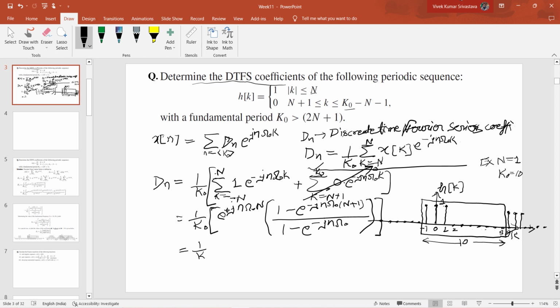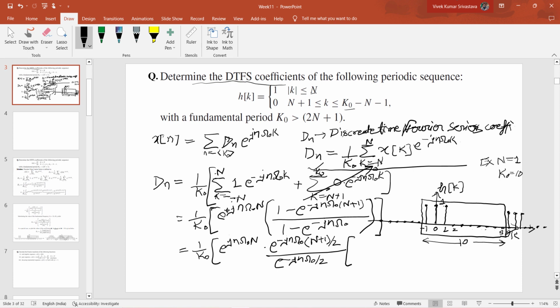So this we can write as e raised to the power j n rho naught n into e raised to the power minus j n rho naught n plus 1 by 2 over e raised to the power minus j n rho naught by 2.